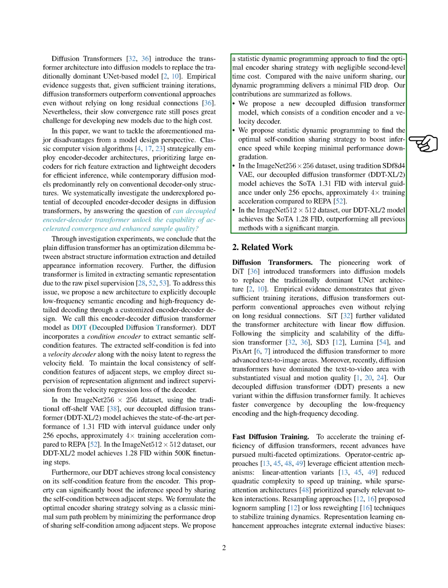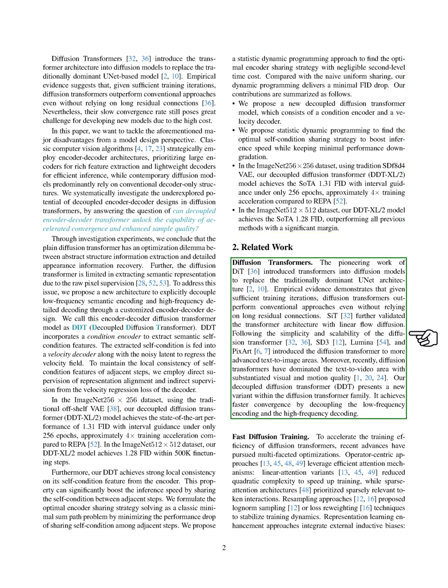We introduce static dynamic programming to optimize self-sharing strategies, improving inference speed while minimizing performance degradation. Our DDT-XL2 model achieves state-of-the-art results in both ImageNet datasets, demonstrating significant advancements in the field.